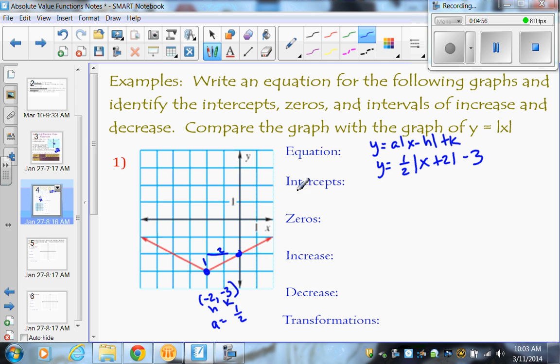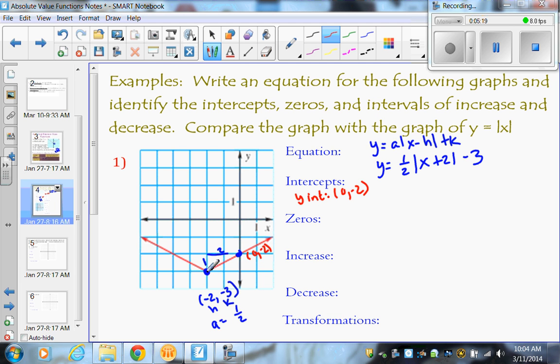For our intercepts, we can see our y-intercept. It's where it crosses the y-axis, which in this case is at (0, -2). For your x-intercepts, you're going to keep using your slope until you see where it crosses the x-axis.